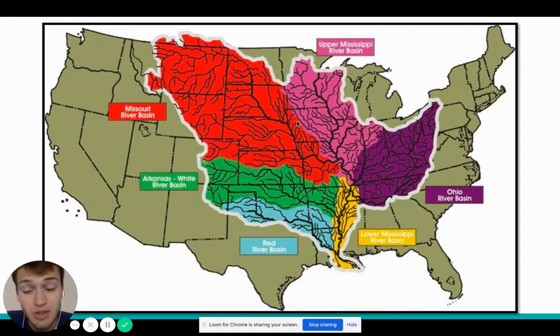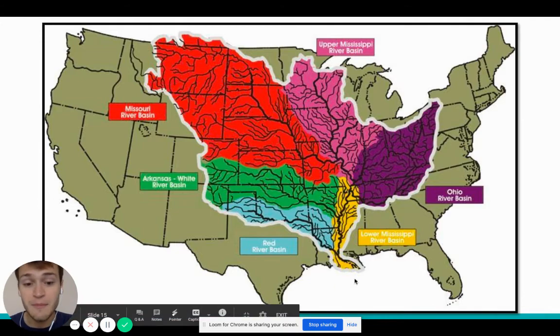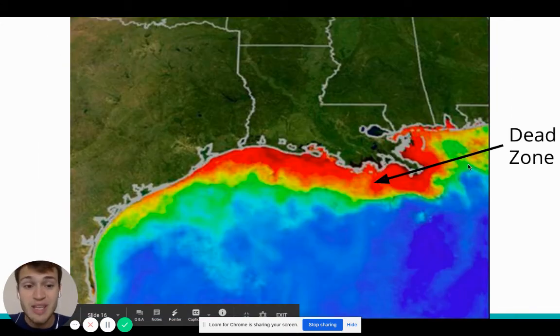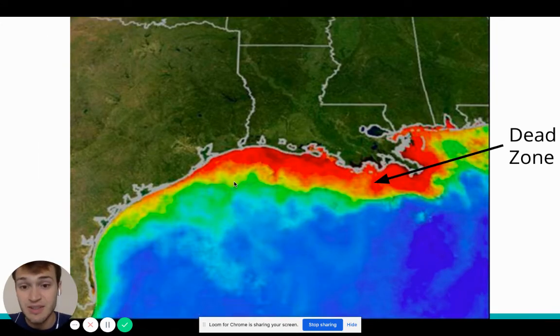And those farmers use fertilizers and manure. And so when this runoff happens, it's going to carry that water into the nearest river. And that river might feed into a bigger river. And that bigger river might finally feed into the Mississippi River, which then goes down to the Gulf of Mexico. And that is how we get these gigantic dead zones.